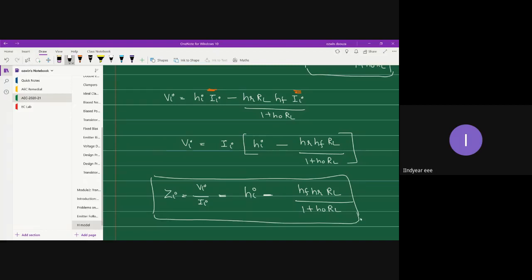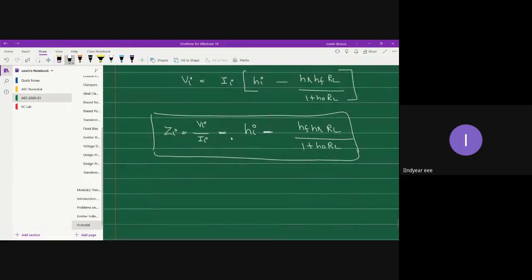If you observe carefully, Zi is basically Hi minus this. Your exact analysis will introduce the H parameters into your ideal equation. What I'm trying to tell you is that ideal Zi is Hi, but practical Zi is Hi minus this above term.